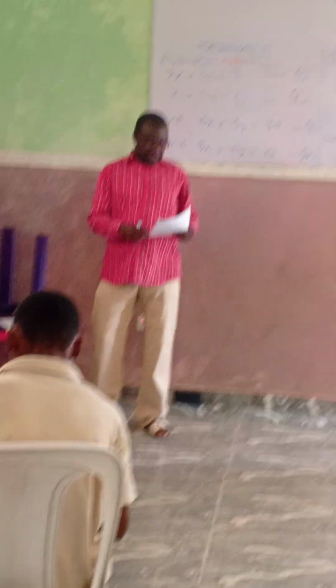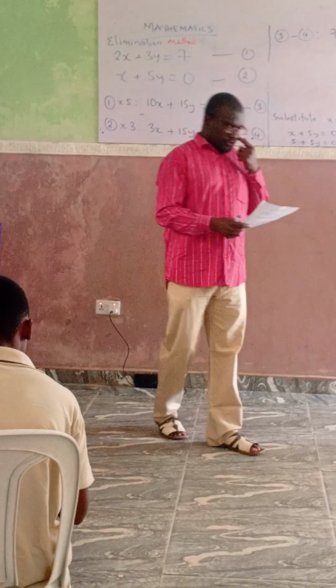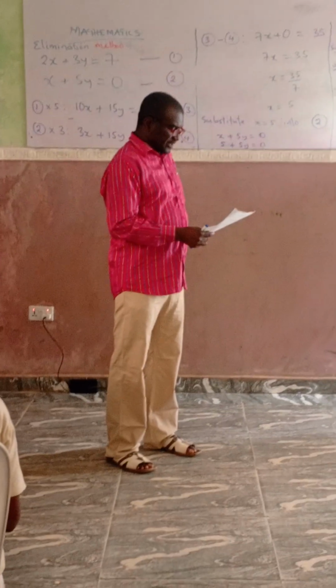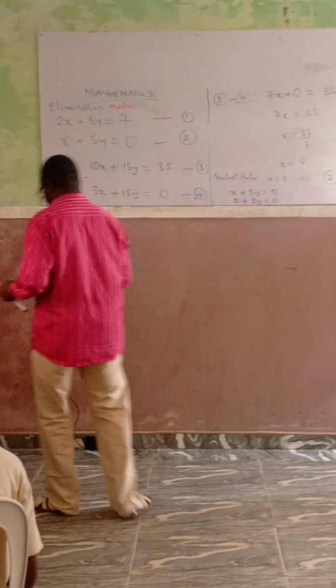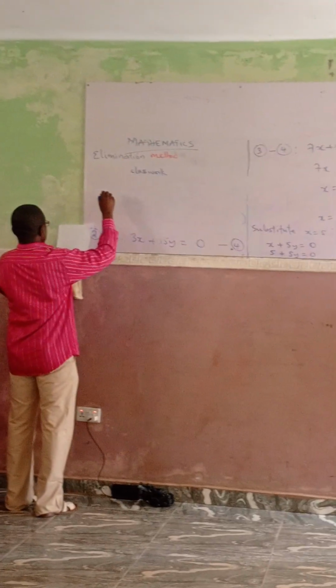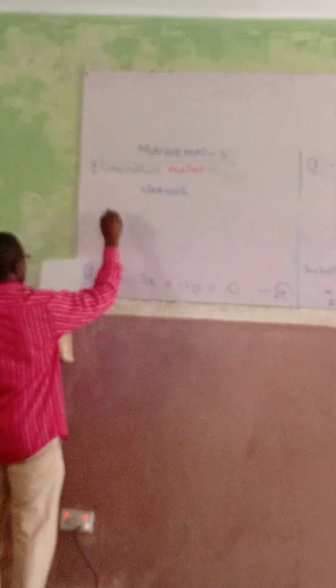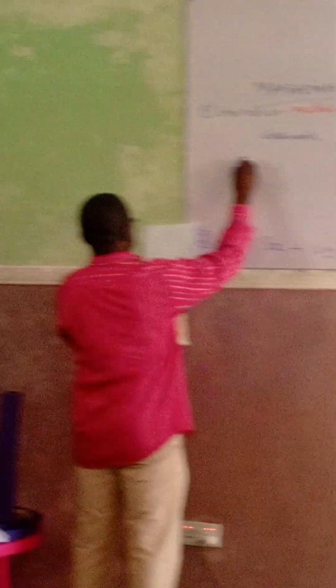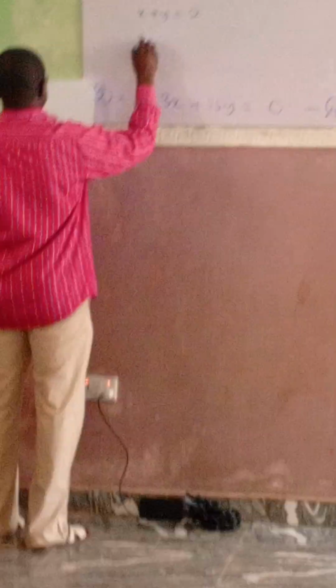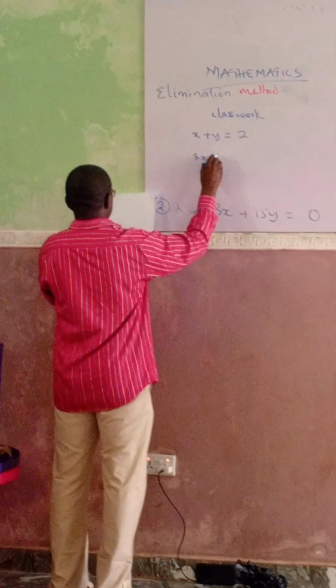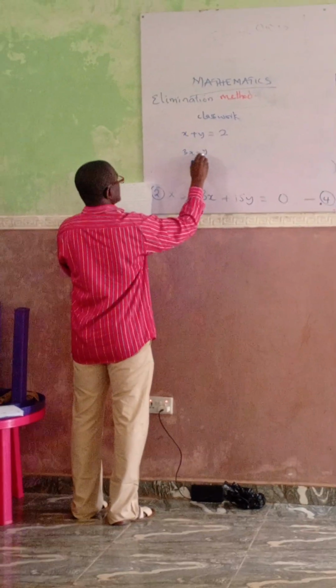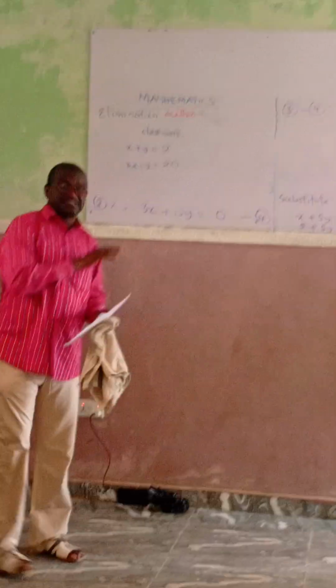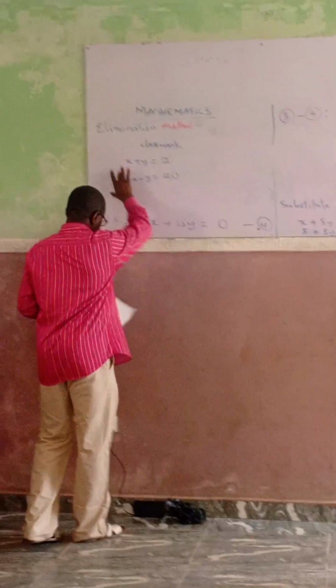Is that okay? The question I have given you: x plus y equals 2 and 3x minus y equals 20. This is the work I would love you to go and do now.